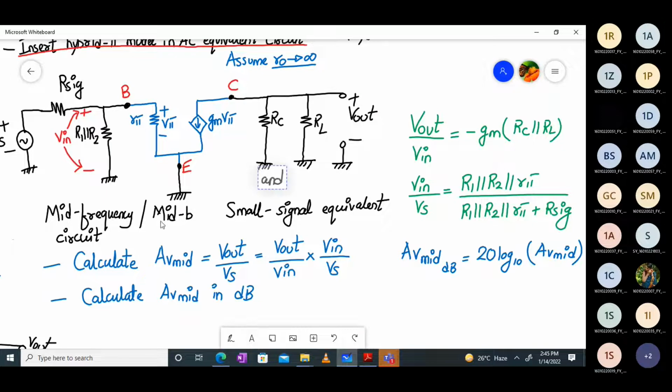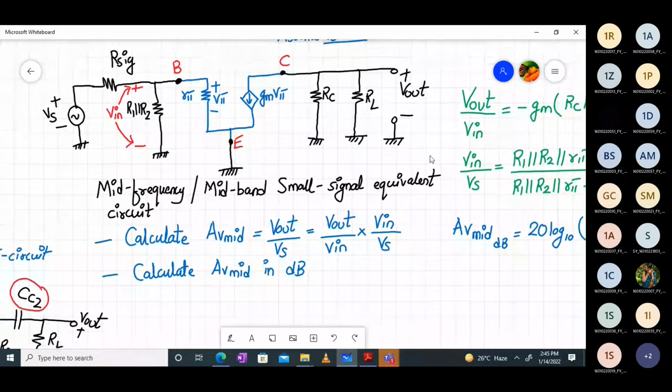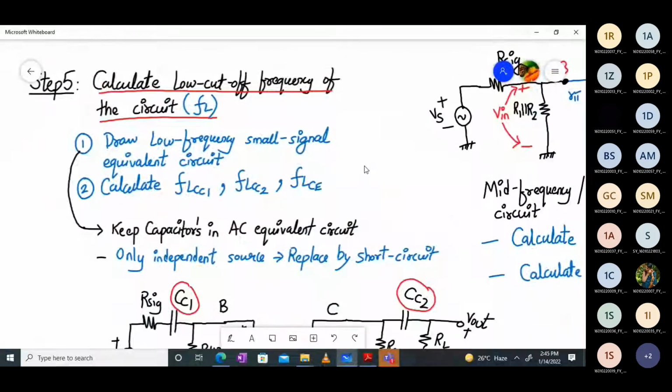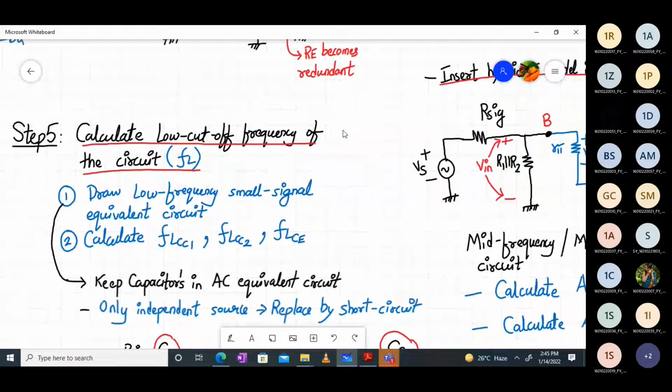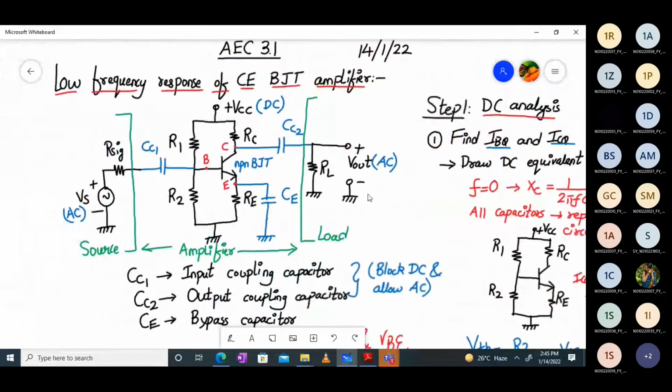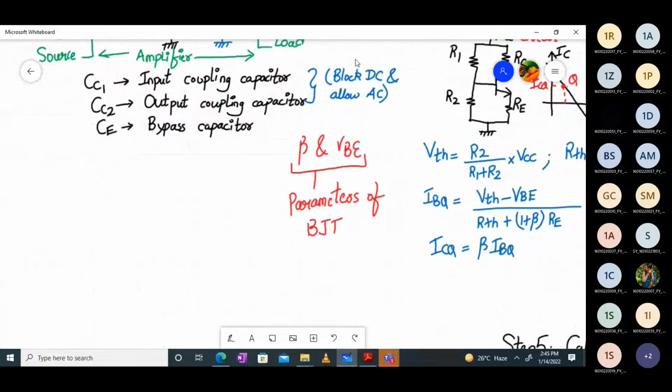So now we will begin. So yeah, this is what is new in this semester. You have to calculate the low cutoff frequency of the circuit, right? Which circuit are we talking about? We are talking about the BJT amplifier circuit. Okay, for this CE BJT amplifier, we have to find the lower cutoff frequency.